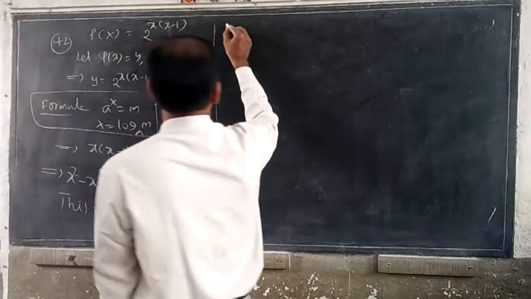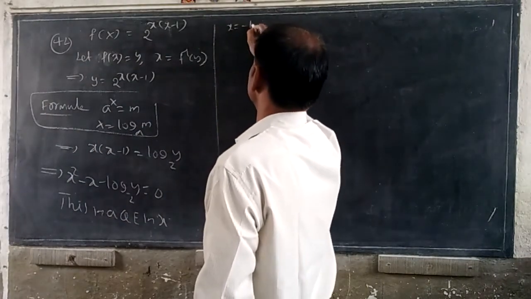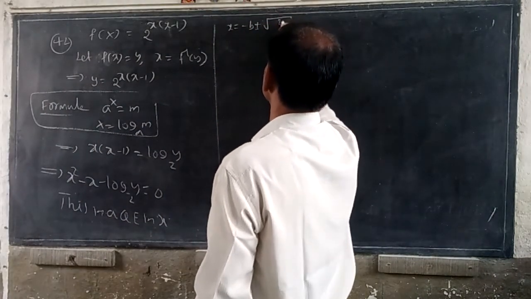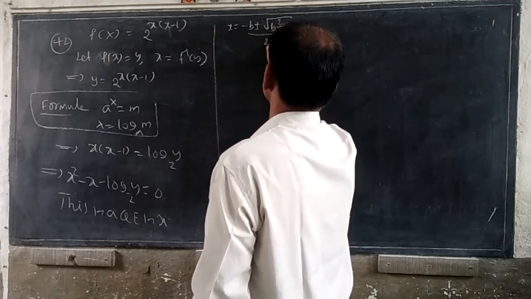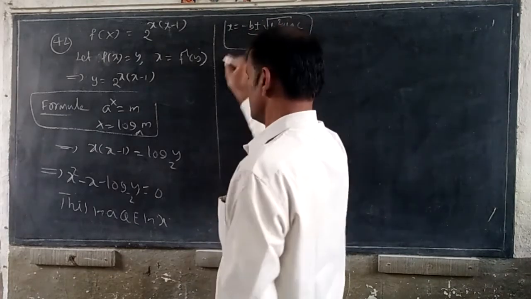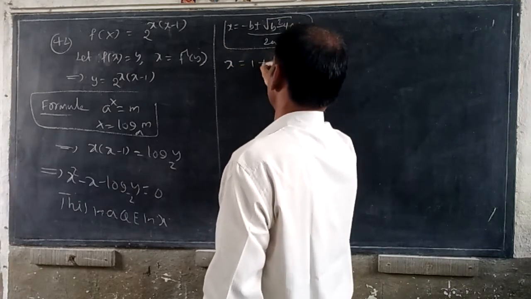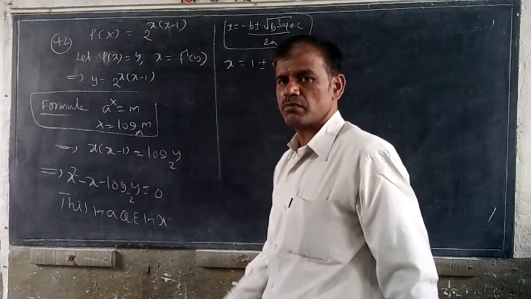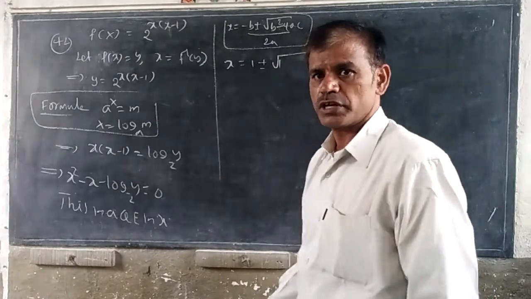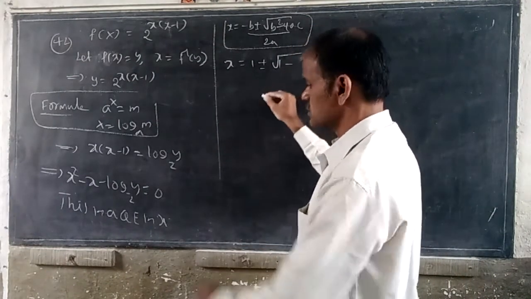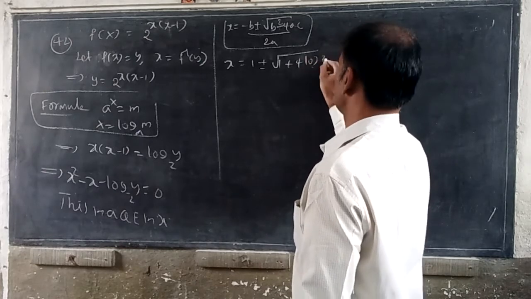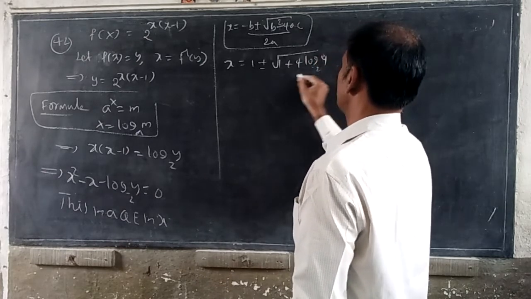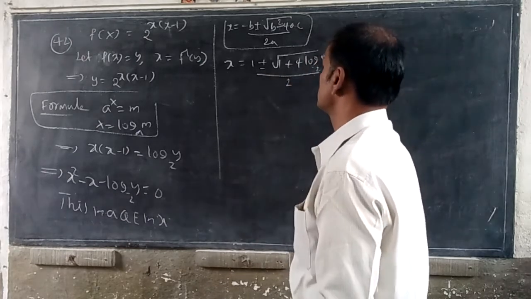Using the formula for a quadratic equation to calculate the roots, x equals minus b plus or minus root of b square minus 4ac, by 2a. So x is equal to 1 plus or minus root of 1 minus 4ac, so minus 4 into minus log y to the base 2, that is plus 4 log y to the base 2, whole by 2.